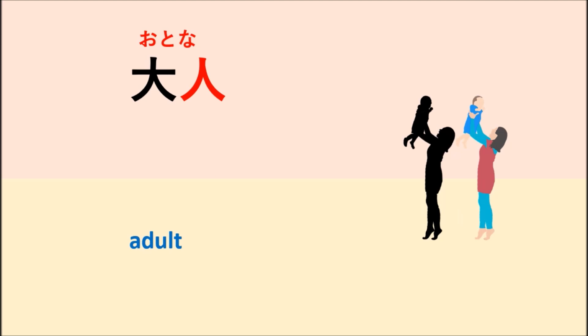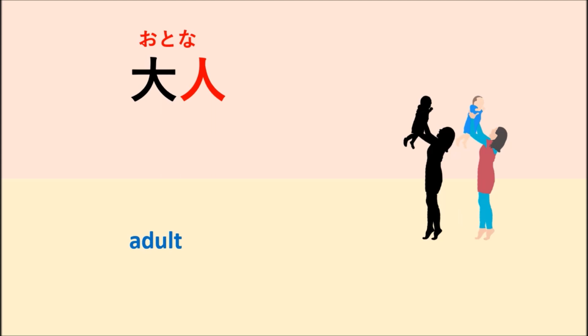If you live in a country that has a law that if your age is more than 18 years old, you are an adult, you are not a child anymore.